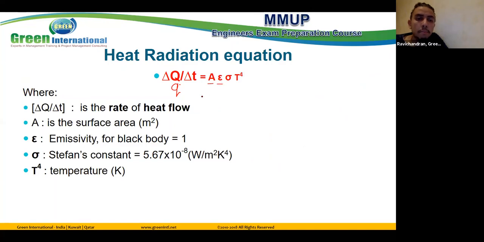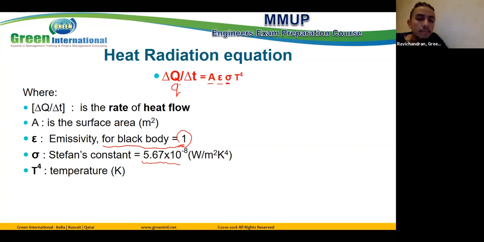For the last one, heat transfer by radiation, Q dot equals A, area, times epsilon, emissivity, which for a black body is equal to 1. If the problem mentions a black body and doesn't give an emissivity, you can put emissivity equal to 1. Sigma is the Stefan constant, 5.67 times 10 to the power negative 8.